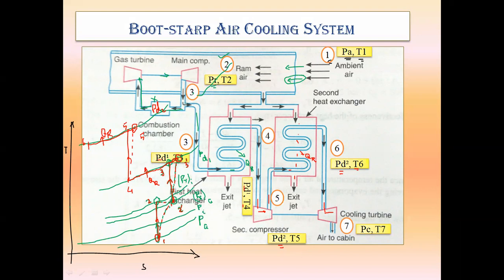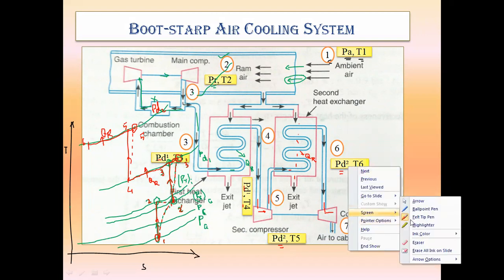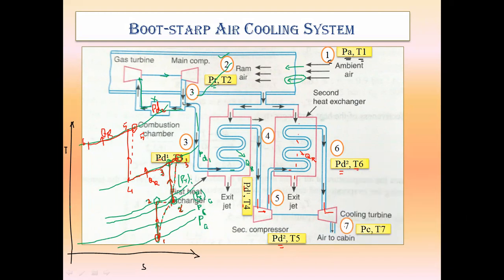Now 6 to 7 process will occur inside the cooling turbine, where pressure of air will reduce from PD2 to cabin pressure, and this will be considered as isentropic. In ideal condition, that will be considered as an isentropic expansion process.